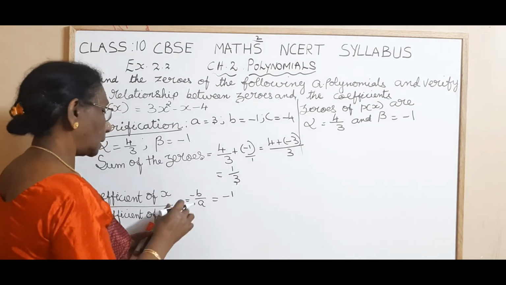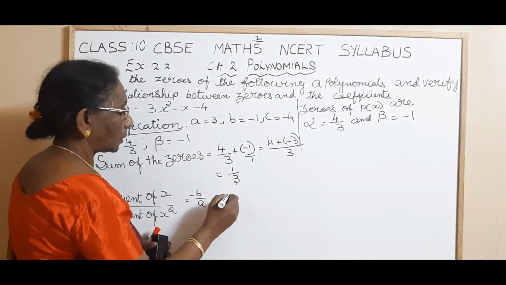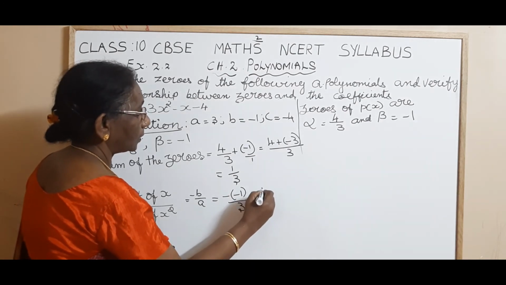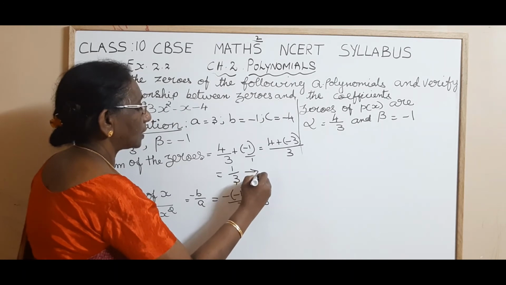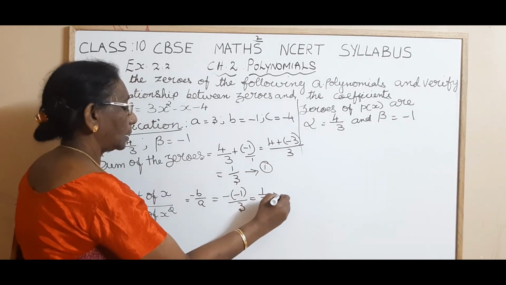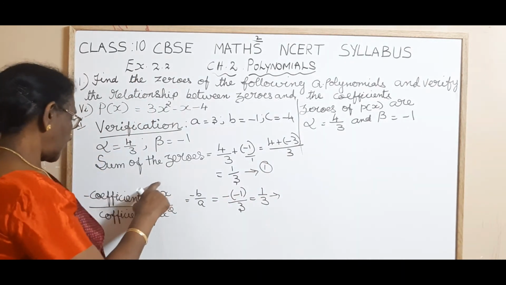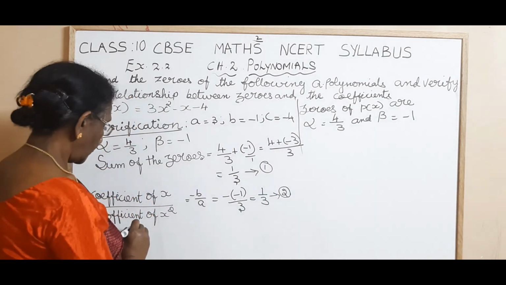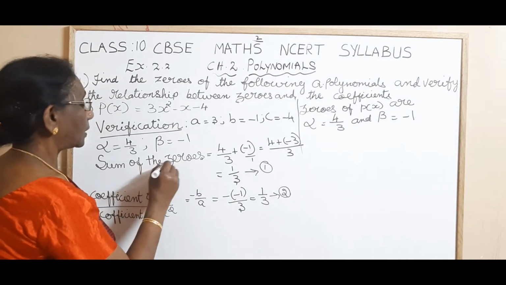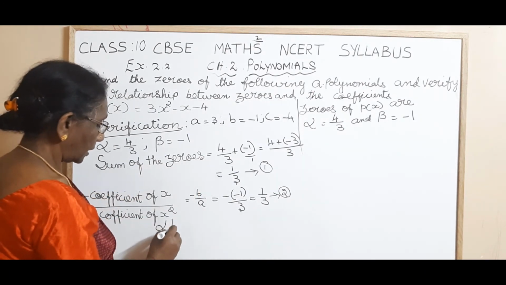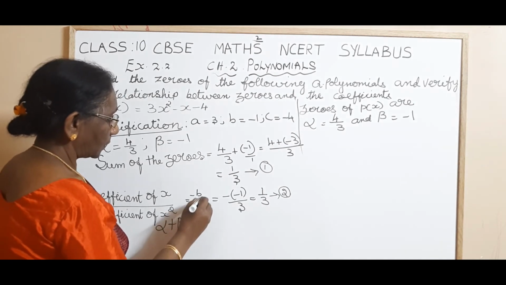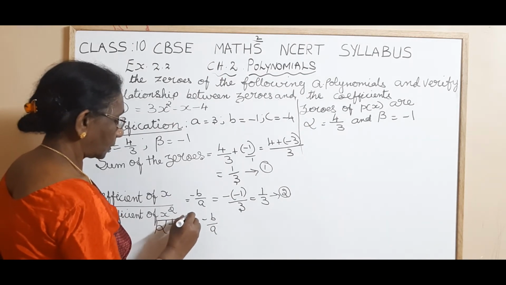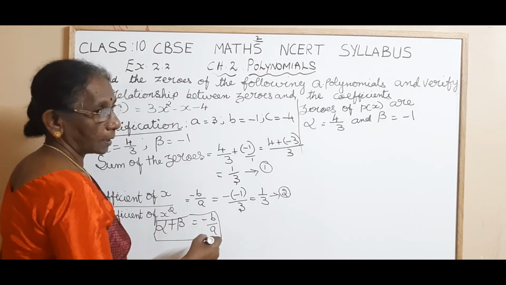So here minus of minus 1 by 3, that is equal to 1 by 3. Sum of the zeros is 1 by 3. Minus coefficient of x by coefficient of x squared is also 1 by 3. Therefore, sum of the zeros, alpha plus beta, is equal to minus b by a. We have proved this. First relation.